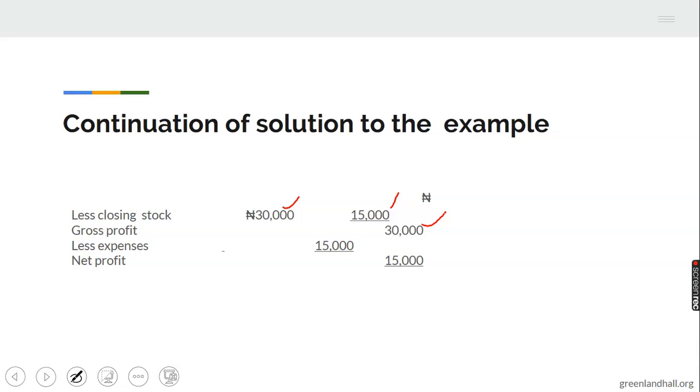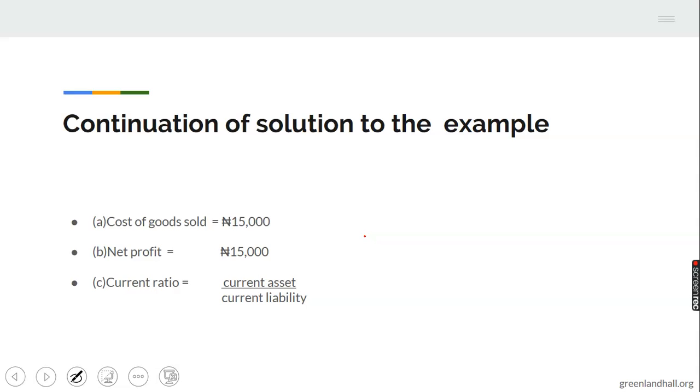If you take away this 15,000 naira from the gross profit, that will give us our net profit, which is 15,000 naira. So from the above, we've determined the cost of goods sold to be equal to 15,000 naira, then the net profit to be equal to 15,000 naira.